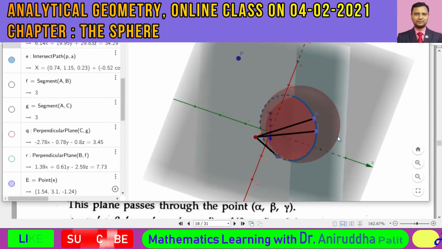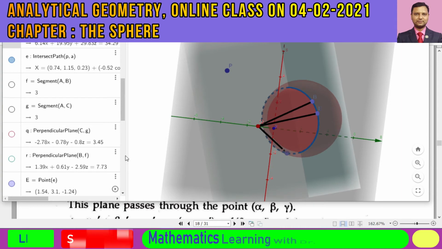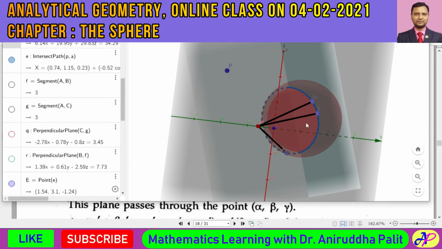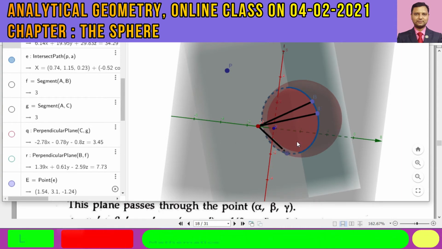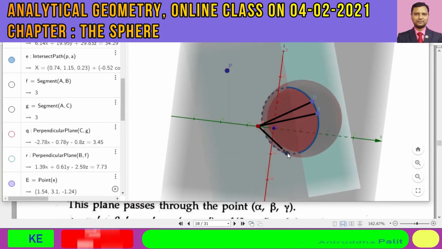For example, I have taken 3 points on this circle, and these are the points B, E, and this one is the point D.